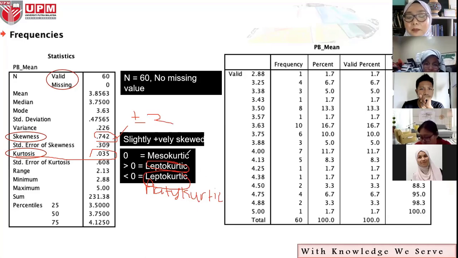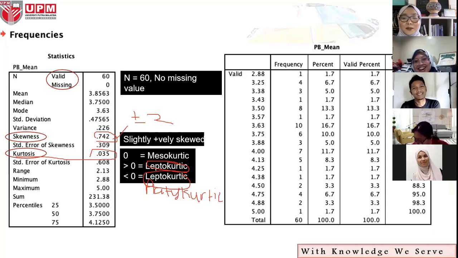I still remember this: mesokurtic, leptokurtic, platykurtic. When I say this, I remember the tree in SpongeBob. So if the value is larger than 0, it is leptokurtic.